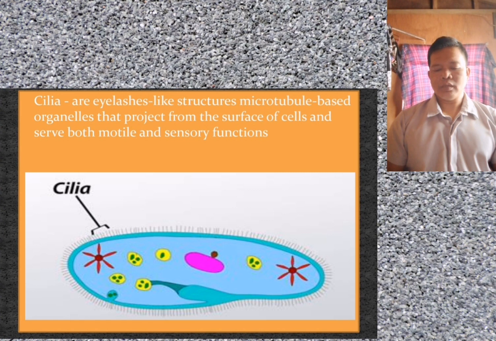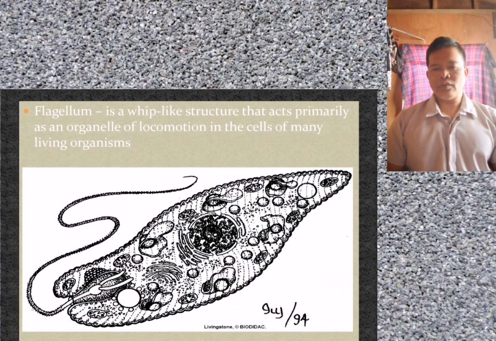The cilia are eyelash-like structures, microtubule-based organelles that project from the surface of the cells and serve both motor and sensory functions. The flagellum is a whip-like structure that acts primarily as an organelle of locomotion in the cells of many living organisms.